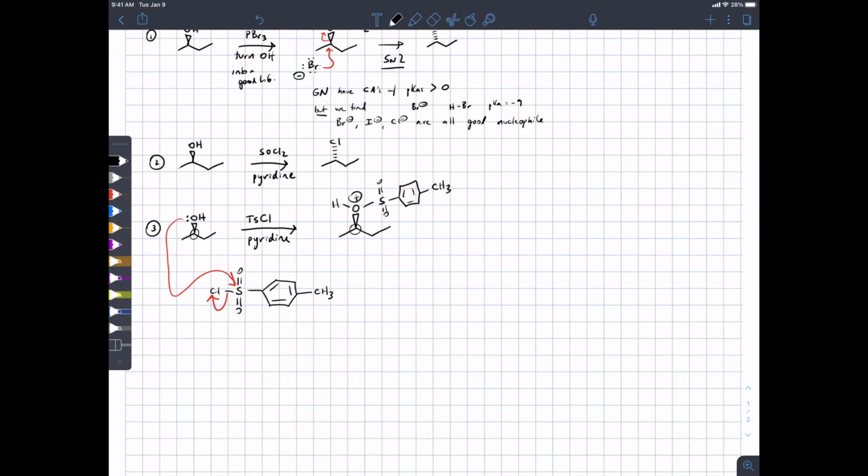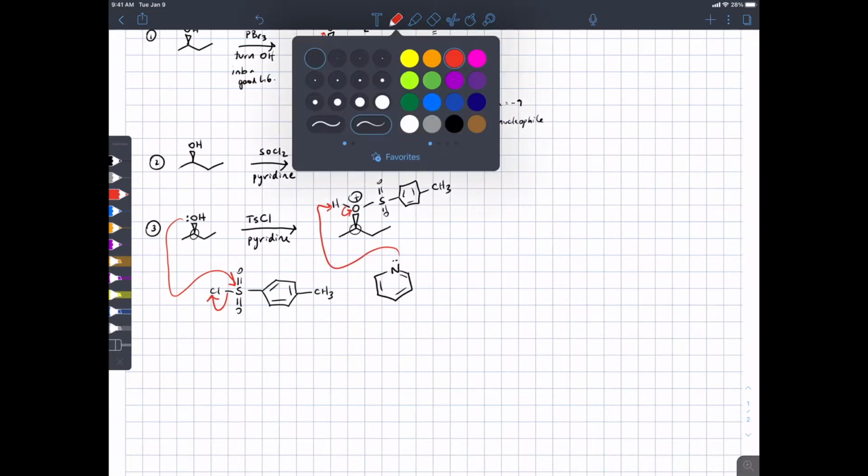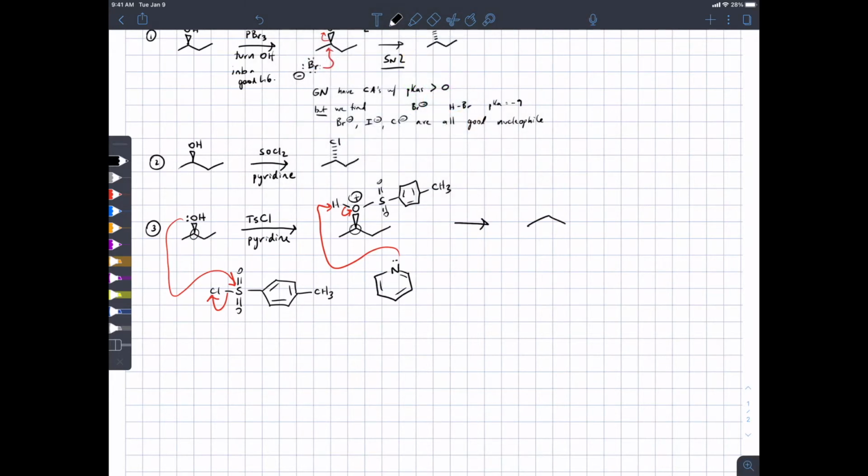In any case, you get this intermediate with a positive charge on oxygen. Pyridine, your base, that's not a good nucleophile, will then immediately remove the proton, and that gets you to the following structure, which is stable.